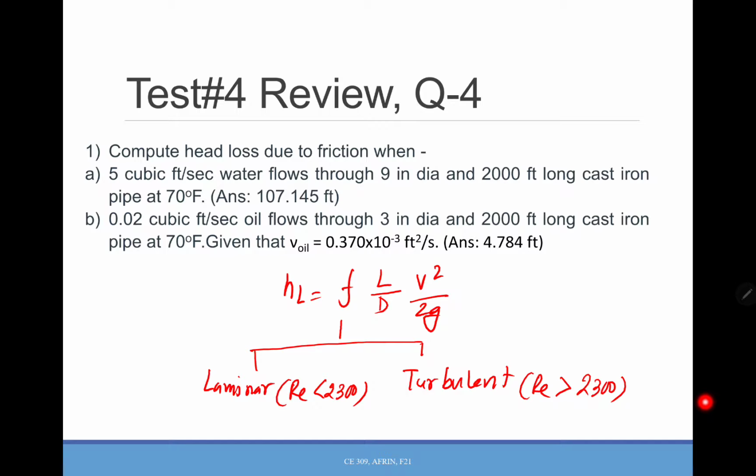So you need to calculate the Reynolds number, and once you know that, for laminar the friction factor will be 64 over Reynolds number, and for turbulent the friction factor you need to find from the Moody diagram. Okay, so that's how you can solve this one.